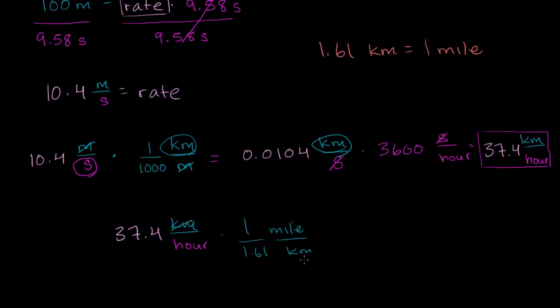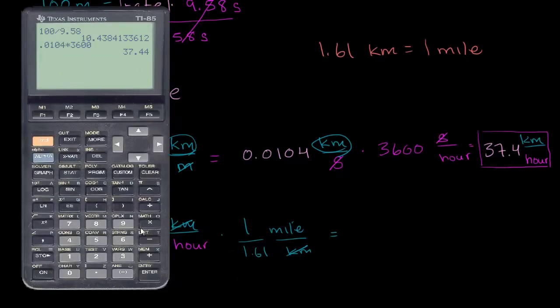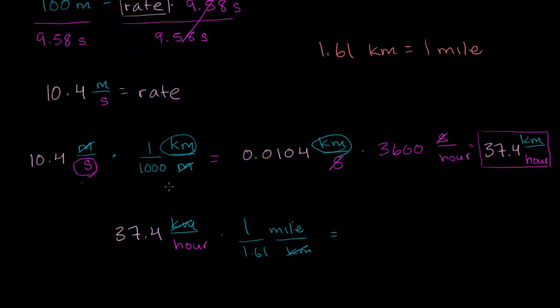So let's once again multiply, or I guess in this case we're dividing by 1.61, and we get 23.3. This is equal to 23.3 miles per hour. Miles per hour.